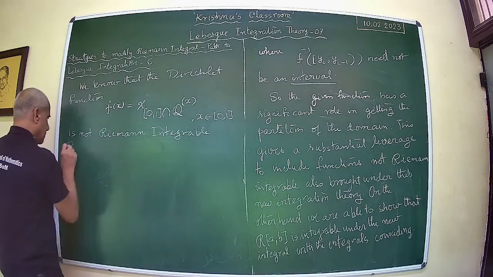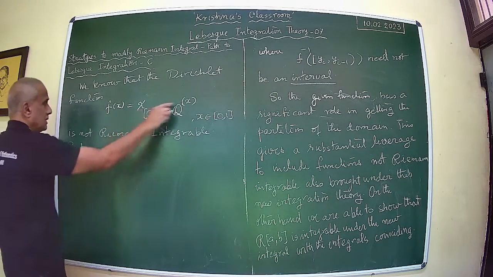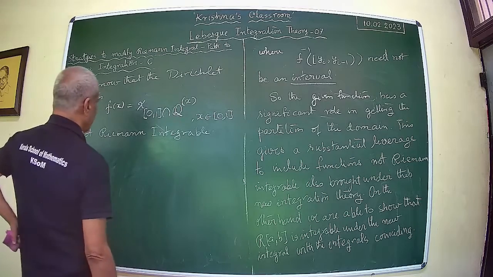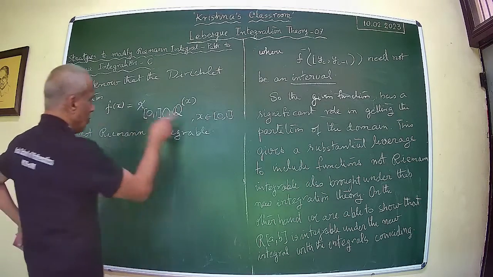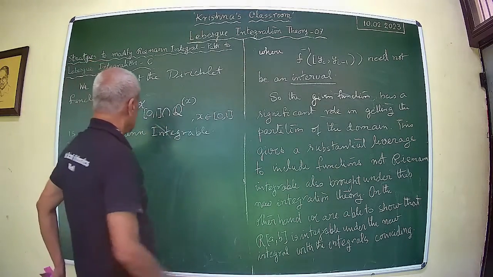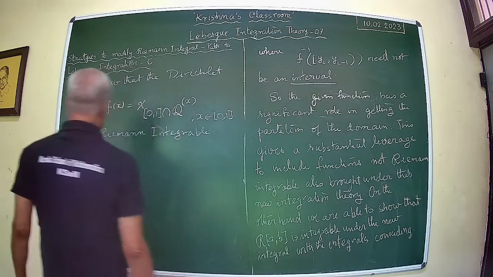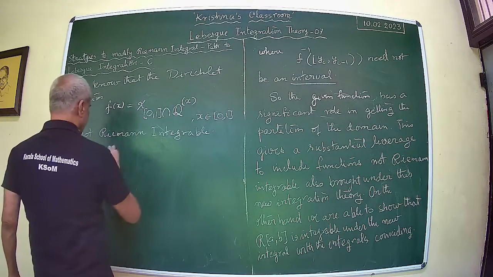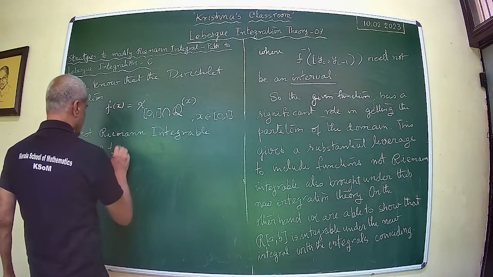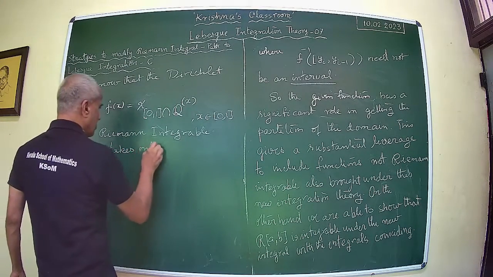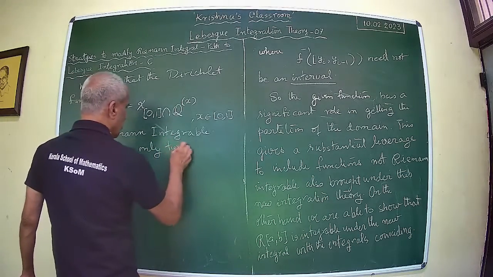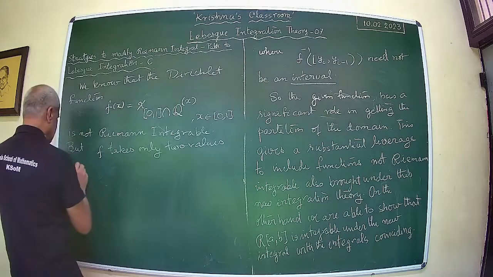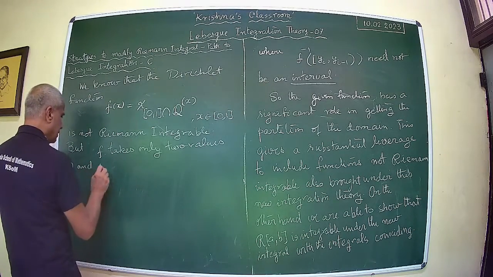But this is a sort of step function. It is 1 on [0,1] intersection Q, but f takes only two values, 0 and 1.